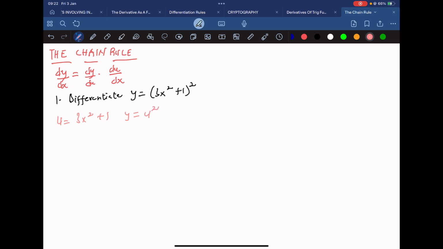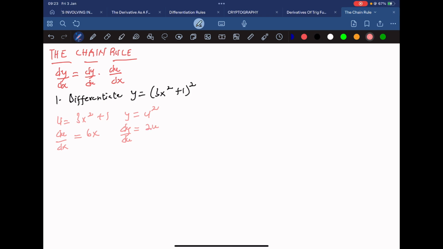So since this is a function of x, we can differentiate u with respect to x. In this case, using the power rule, if we differentiate 3x², we have just 6x. If we differentiate 1, it goes to 0. And this is a function of u. So if we differentiate this with respect to u, you have 2u.